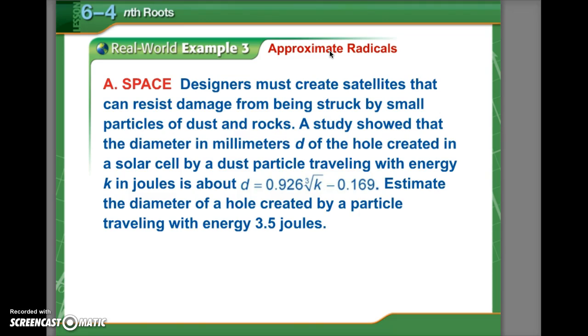And we need to estimate the diameter of the hole created by a particle traveling with energy 3.5 joules. So if our energy is variable k, think about where you're going to put the 3.5 in the problem, and then think about what we could do to solve for the diameter of the hole.